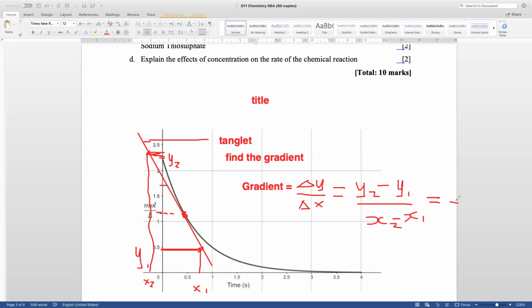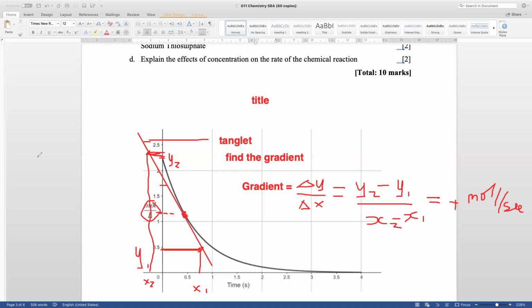And what will be the units? The change in y, what do you have on top? We have moles per liter per second. So in short, you can just say moles per liter per second.